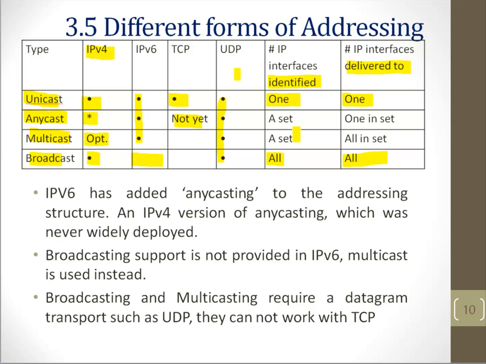Multicast means a set, a group of interfaces will be identified, and the data will be delivered to all in that particular set. In anycast, a set of interfaces will be identified, but the data will be delivered to only one in that set. This is what we discussed in the last 4 slides. This is a comparison of all the four.